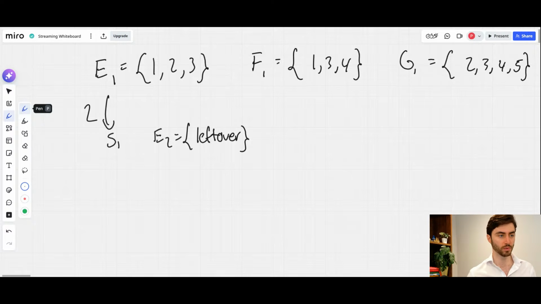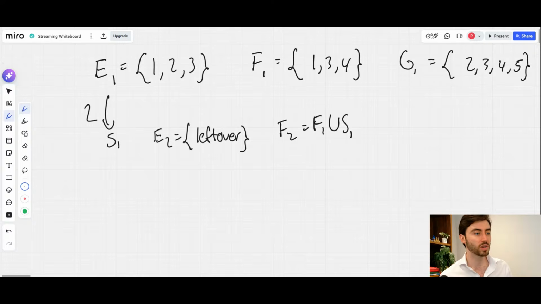And F2 is F1 unioned with S1. Okay. There's just so many definitions here.